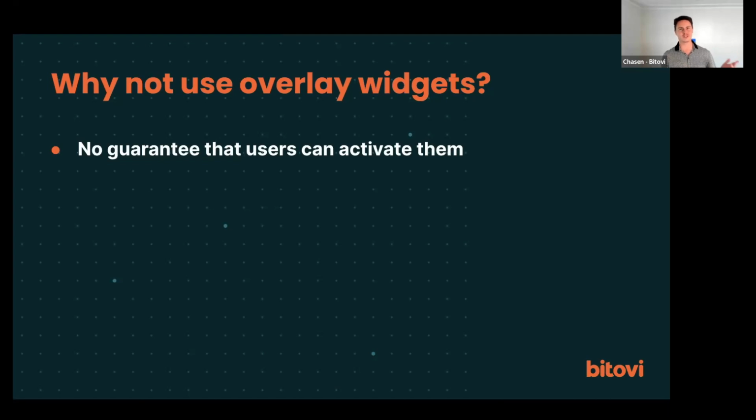Or if the widget is added to the bottom of the page, the user would have to get through the entire page before they even realize the widget is there. Or there are a number of different ways where a user might not even be able to reach the thing to activate them. So that doesn't help the underlying accessibility.